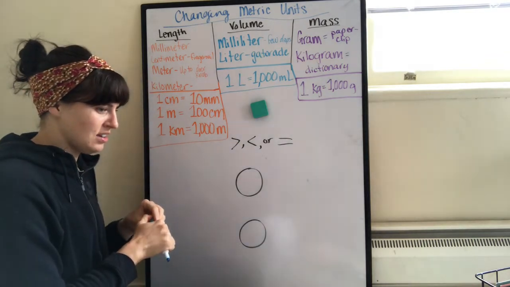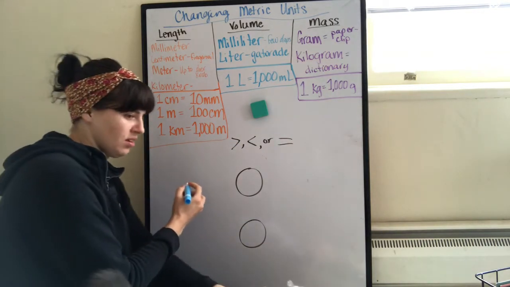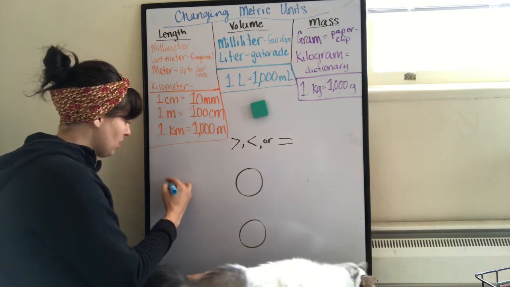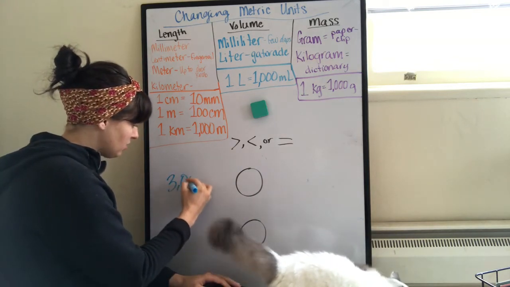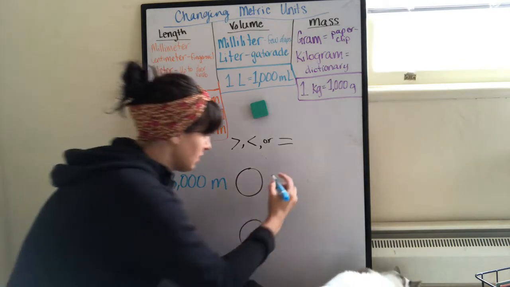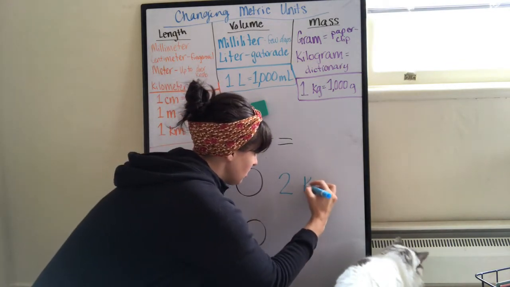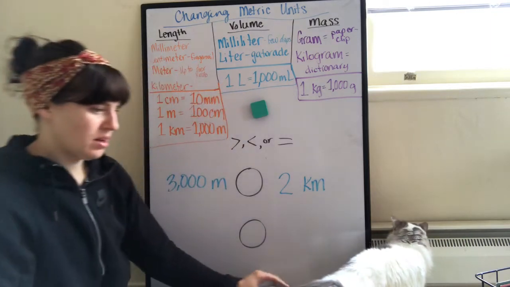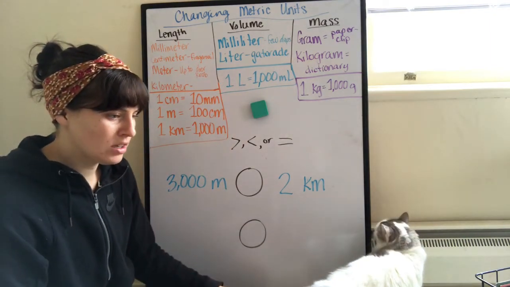Alright, let's do this. 3,000 meters and 2 kilometers, okay? Which one's bigger? Greater than, less than, equal to.